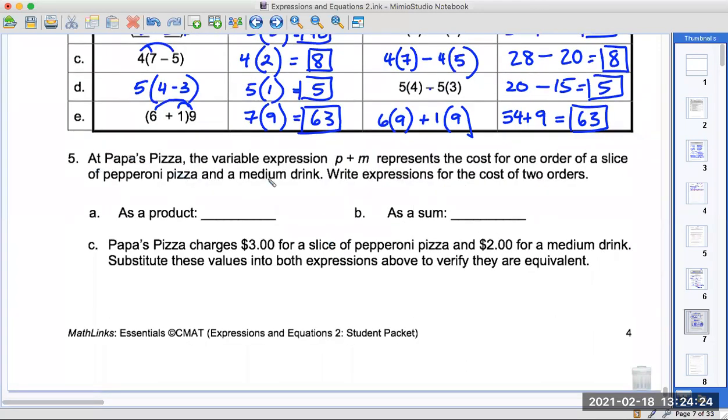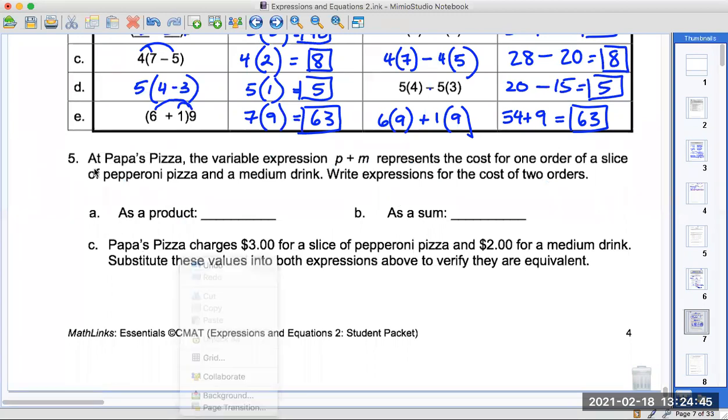At Papa's Pizza, the variable expression P plus M represents the cost. So these are our symbols or variables. Represents the cost for 1 order of a slice of pepperoni pizza, which is probably P, and a medium drink, which is M. Write expressions for the cost of 2 orders as a product.